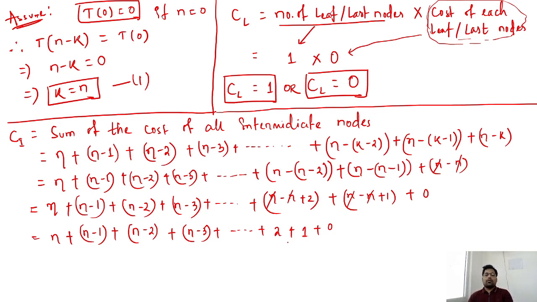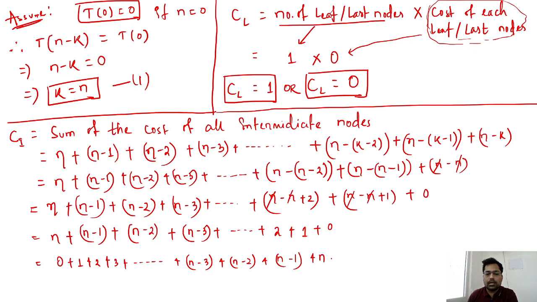One formula, I'm just making it from left to right: 0 plus 1 plus 2 plus 3 up to n minus 3, n minus 2, n minus 1, n. You know this has a formula.